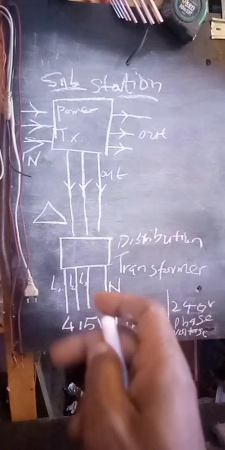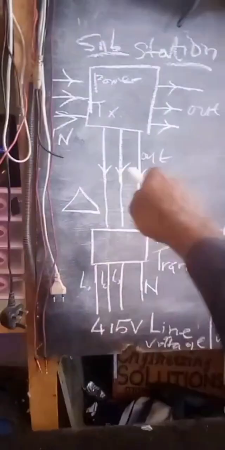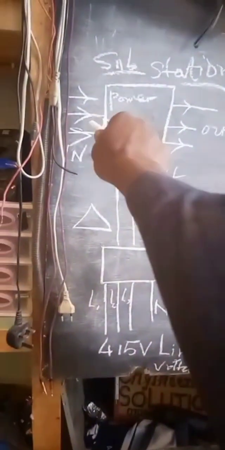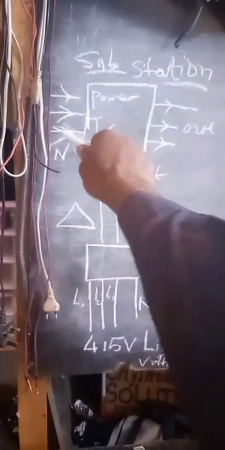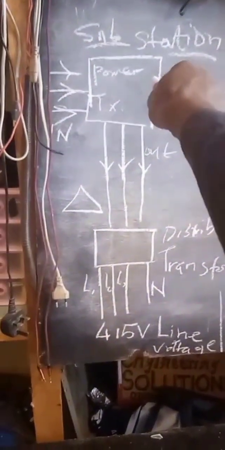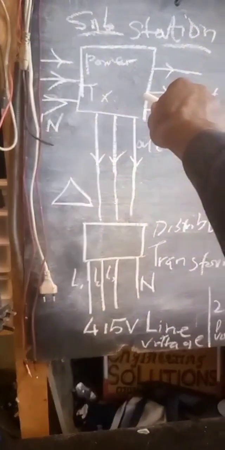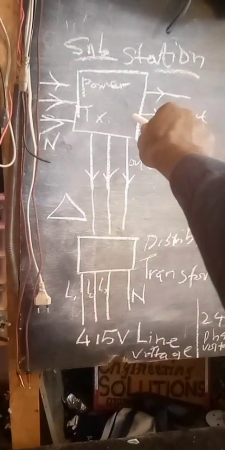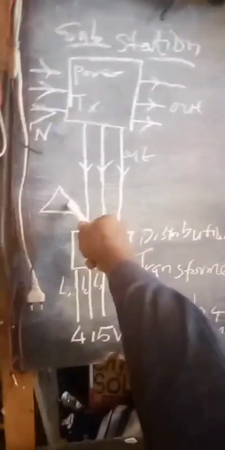So from my setup, you can actually see I have incoming into the substation. I have the power transformer in the substation. That is delta.